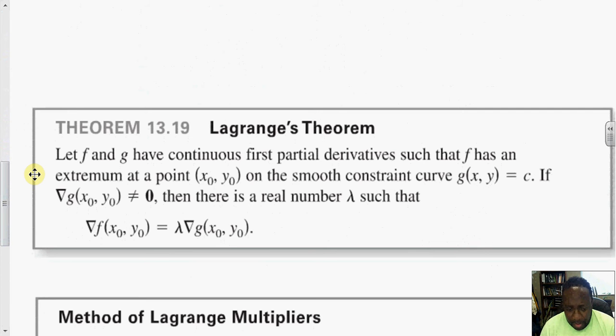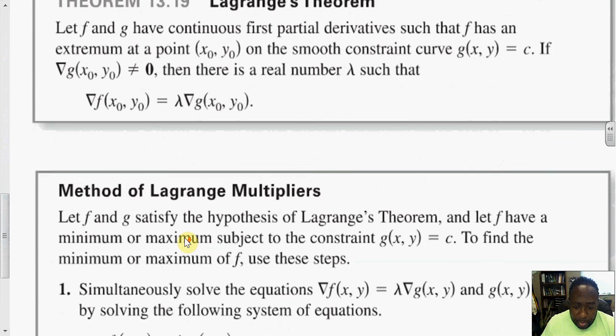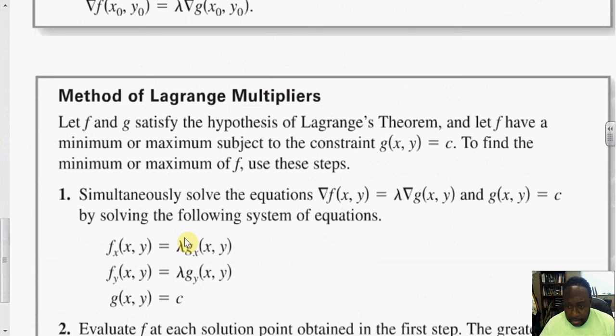If the gradient of g at the point is not equal to 0, then there is a real number, lambda, such that the gradient of f at the point is equal to lambda times the gradient of g at that particular point. The method by which we solve is that the first thing is you're going to find the first partial derivatives of f, set those equal correspondingly to lambda times the first partial derivatives of g.